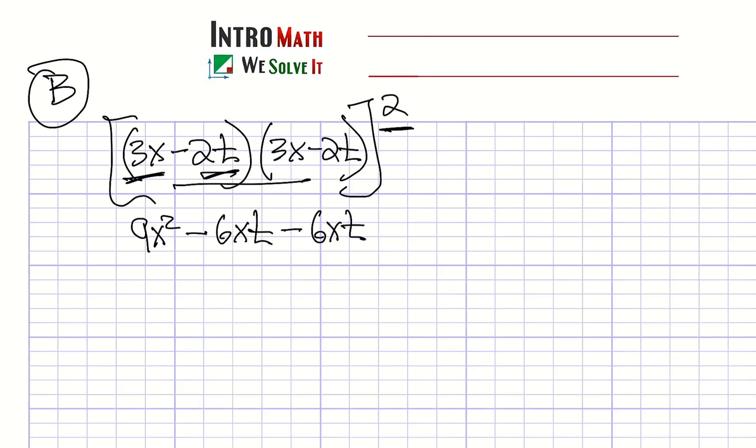See that? And then negative 2t times negative 2t becomes positive 4t squared. You see that, right? And then don't forget we'll still have that exponent there.